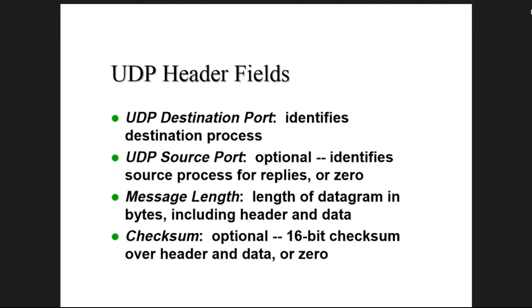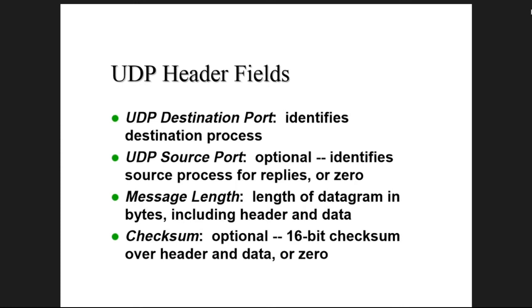That means in the header part we have 4 fields. The source address and destination address would be there. What are those addresses? They are the port addresses, because this is process to process delivery. Then the message length, the length of the datagram in bytes including header and data, and then the checksum.